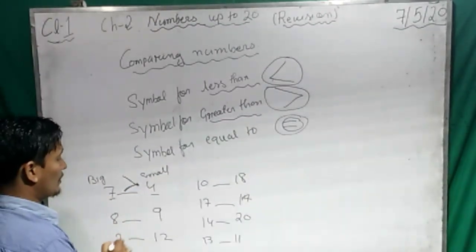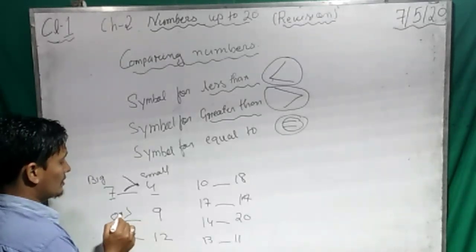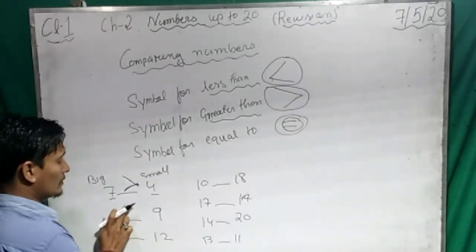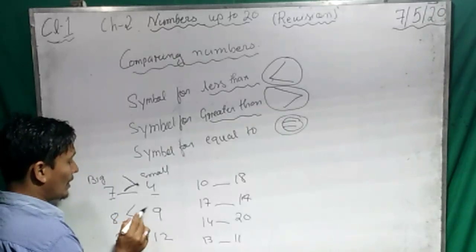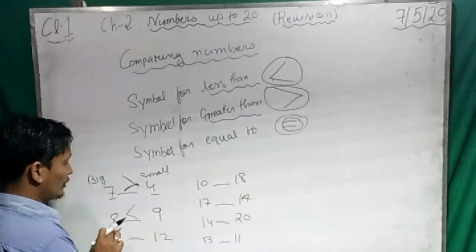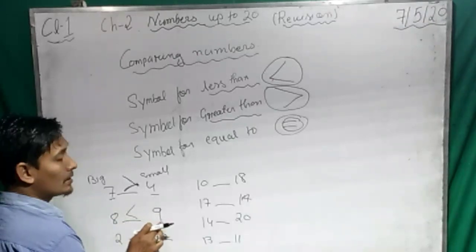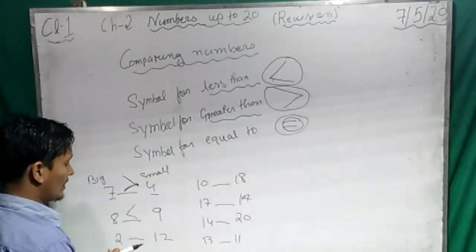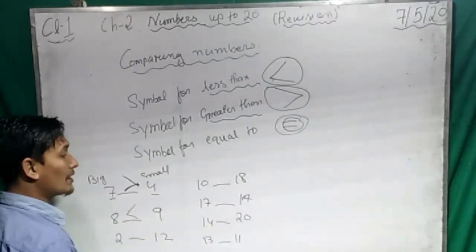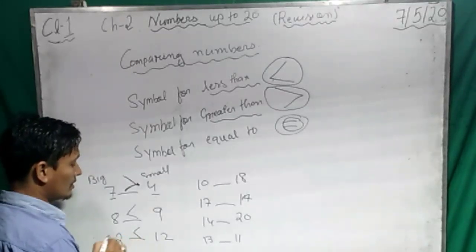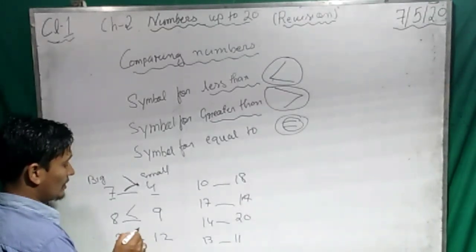Clear? So now here, which sign? This? No, this is wrong. We will use this symbol. Why? Because 9 is greater. So we will use the smaller than sign. 8 is smaller than 9. Clear? And here 2 and 12. Which one is bigger? Yes. See here?